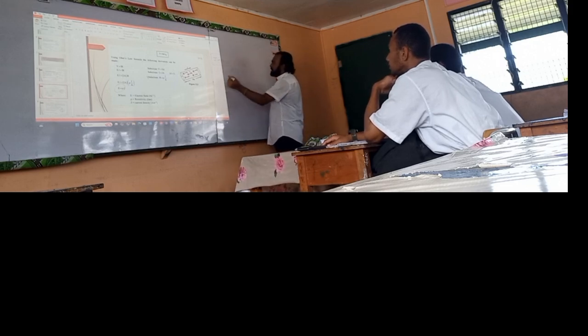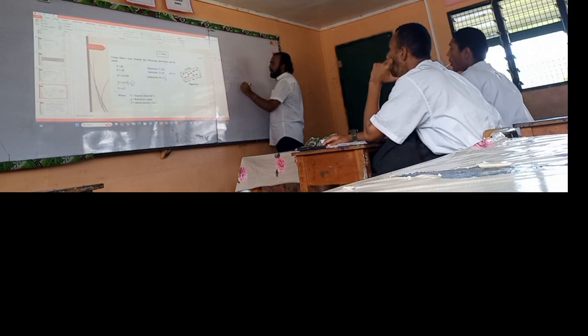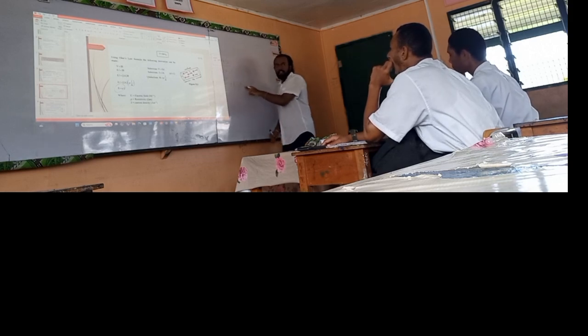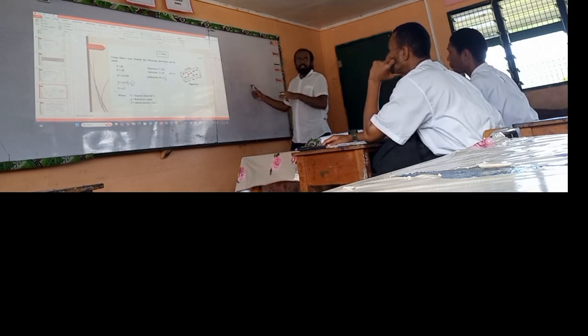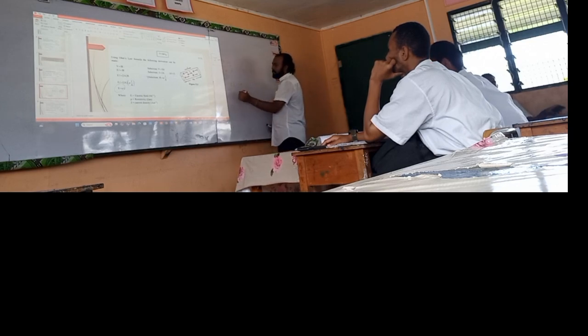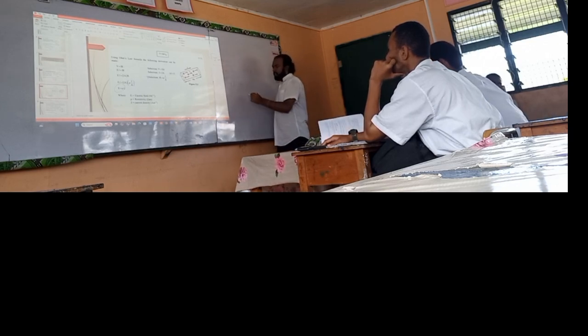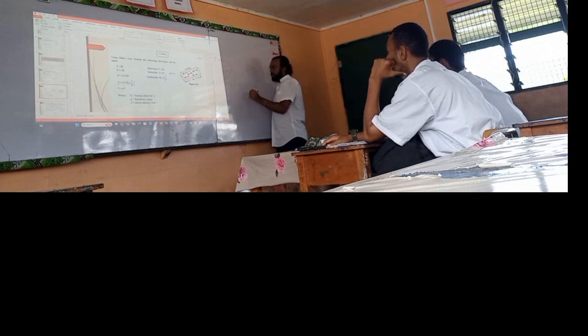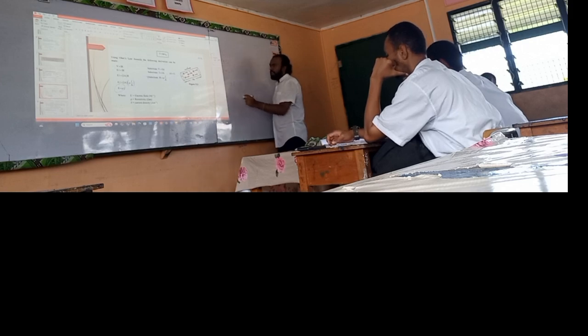So V equals EL on one side and IR on the other. But we know that R, the resistance, is rho L over A. And we have EL on this side.